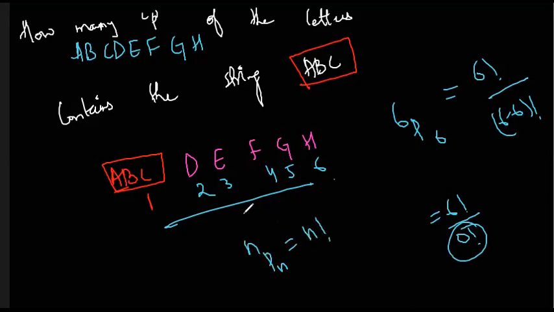Whenever we are taking all the objects, the permutation will be equivalent to n factorial only. If we have n objects and we are taking all n, then it will be n factorial. So 6 factorial, that is, we can create 720 arrangements where the string ABC occurs together. So this is your permutations.